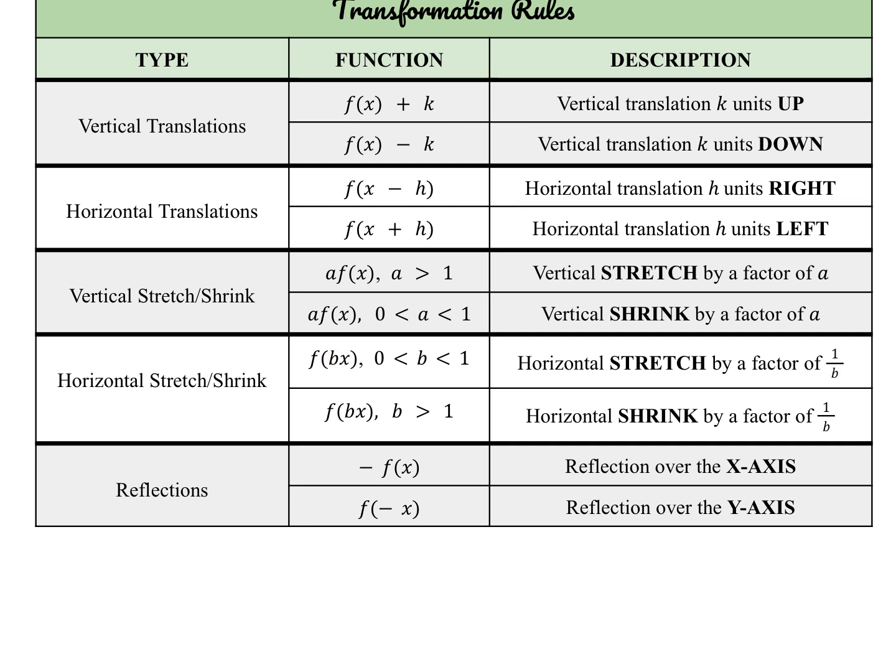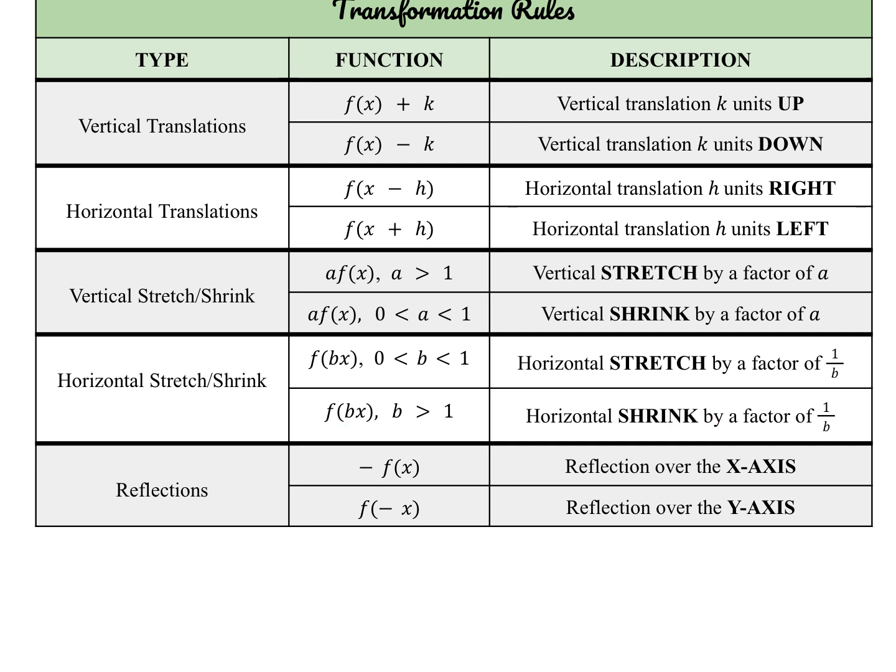So that means if b is between 0 and 1, it's actually going to be a stretch because the reciprocal of that would be greater than 1. So you actually look at the stretch factor. If the factor is greater than 1, we call it a stretch. And if the factor is less than 1, we would call it a shrink.